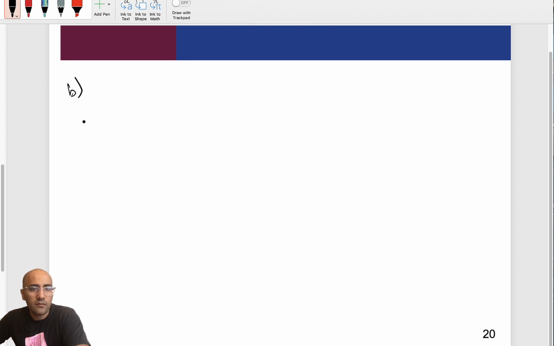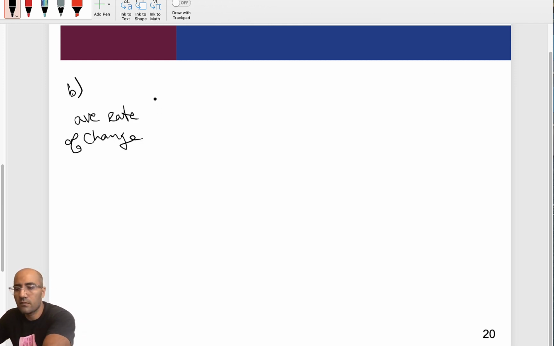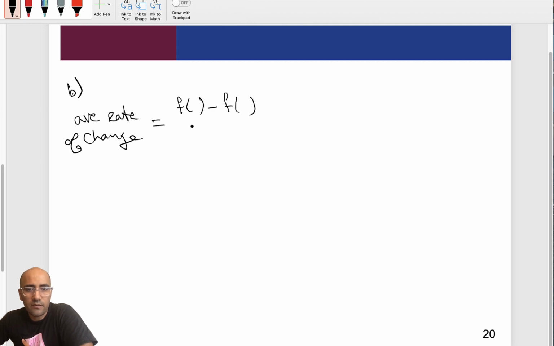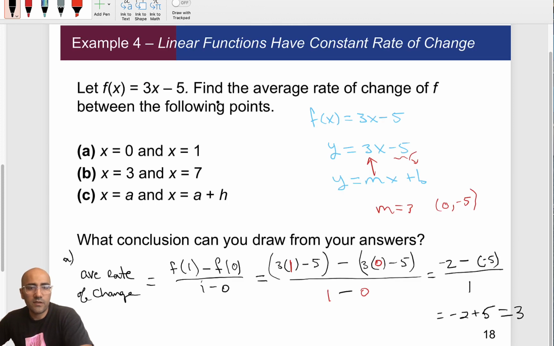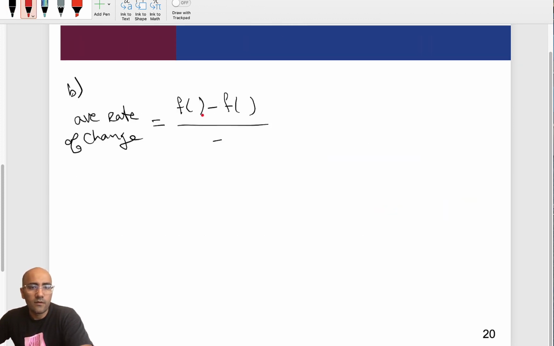For part B, the average rate of change is going to be equal to f of 7 minus f of 3, all over 7 minus 3. So a 7 goes in here, a 3 goes in here, 7 goes in there, 3 goes in there.